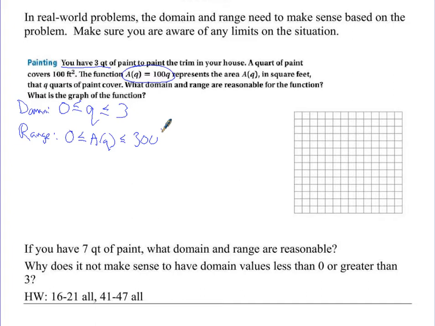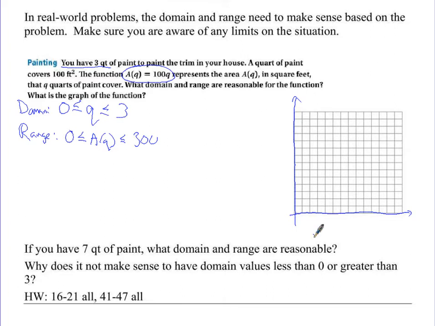So it says, what are domain and range? We got it. What is a graph of the function? So we can do that. Where do I put my origin? We don't have any negative values, so the lower left corner is perfect. Which variable goes on the x-axis? The number of quarts. That's the independent variable, and that's the independent axis.